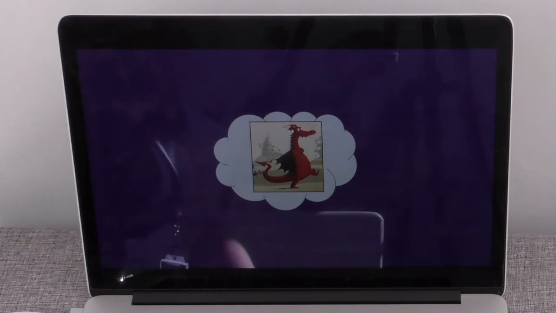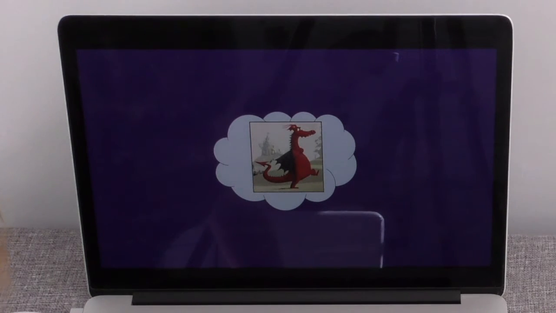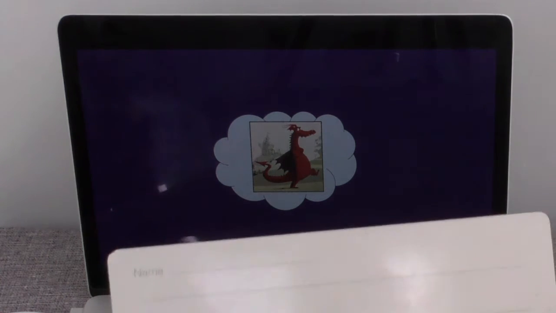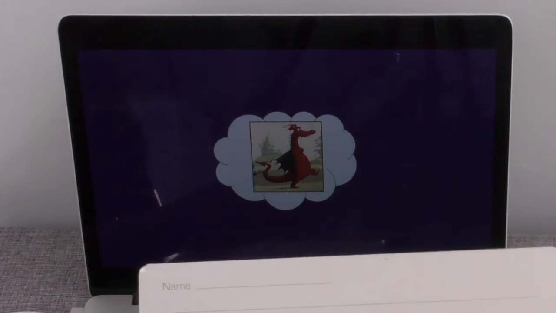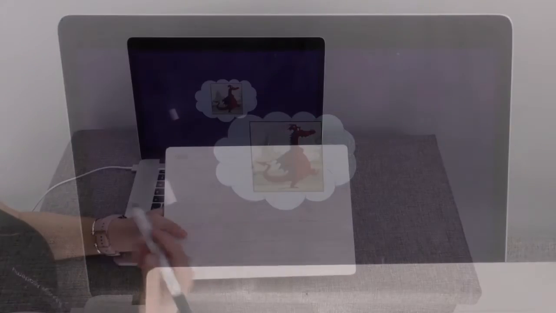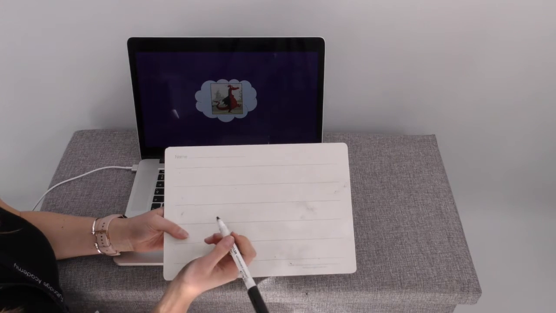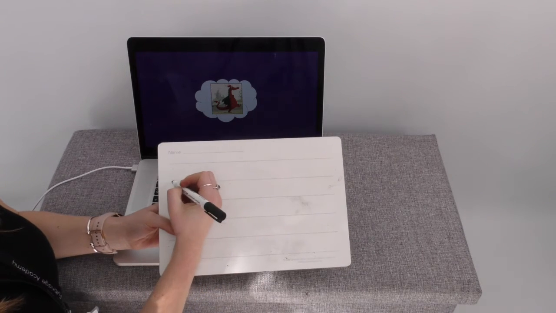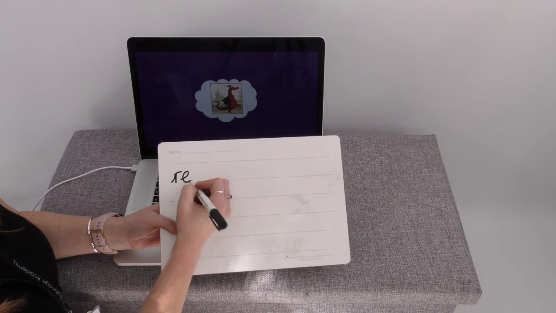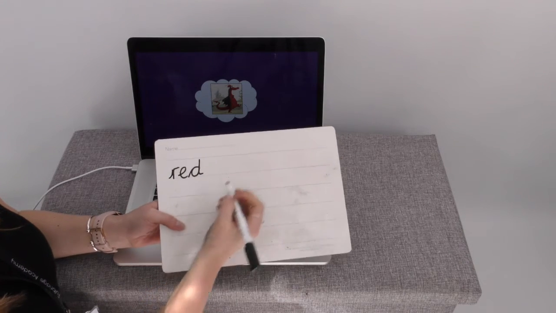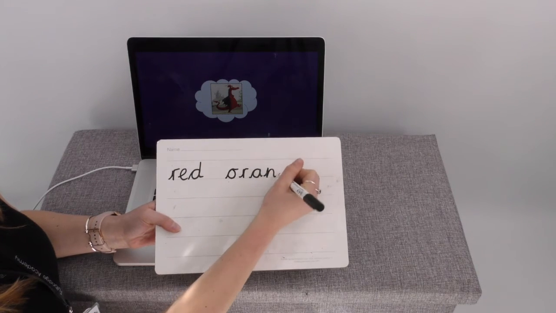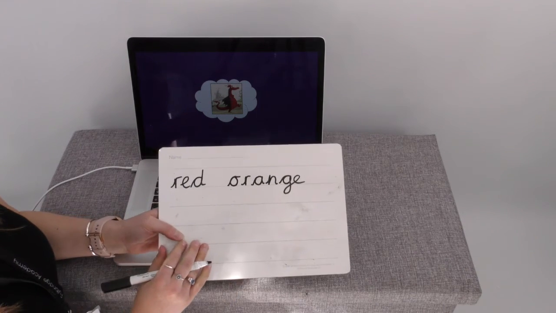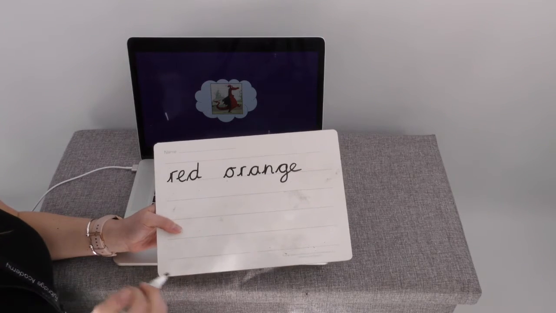We're going to have a think about some adjectives about our dragon at the moment. So I will write some adjectives on my mind map, and then what I'd like you to do with your child is think of some more adjectives to describe him. So we can think of some colour adjectives first. So you might say he's red, orange. You might want to think about his size.